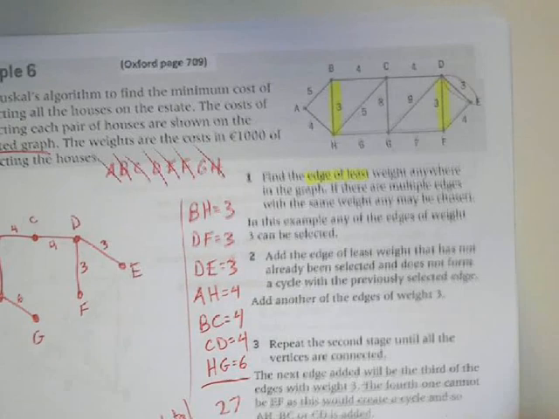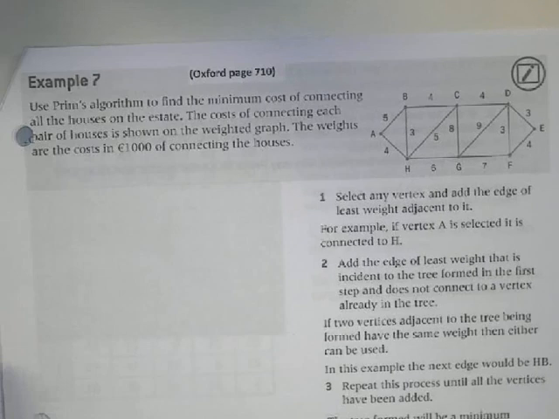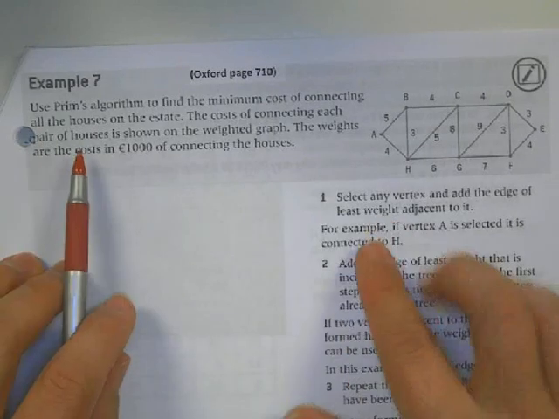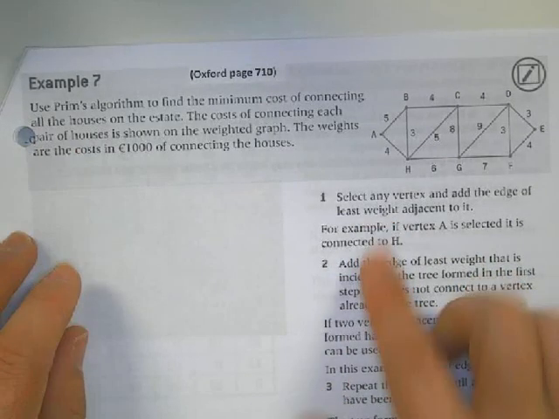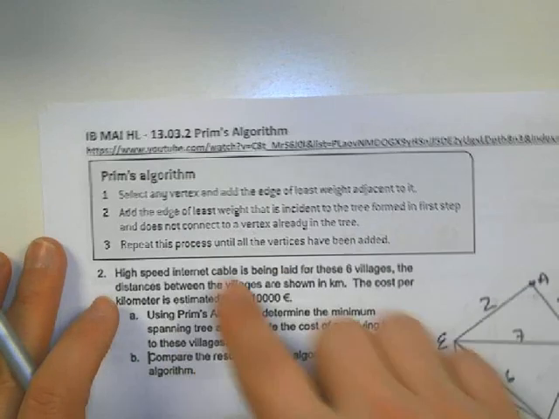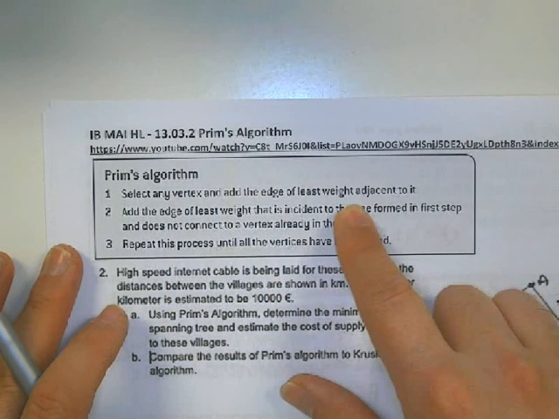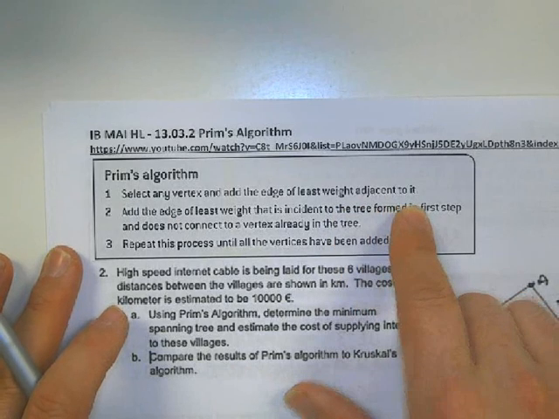So now I'll do example 7 for you, because Pablo does not do this one. And now we've got the same picture, but we're going to use Prim's algorithm. So Prim's algorithm is you're going to select any vertex and add the edge with the least weight adjacent to it.